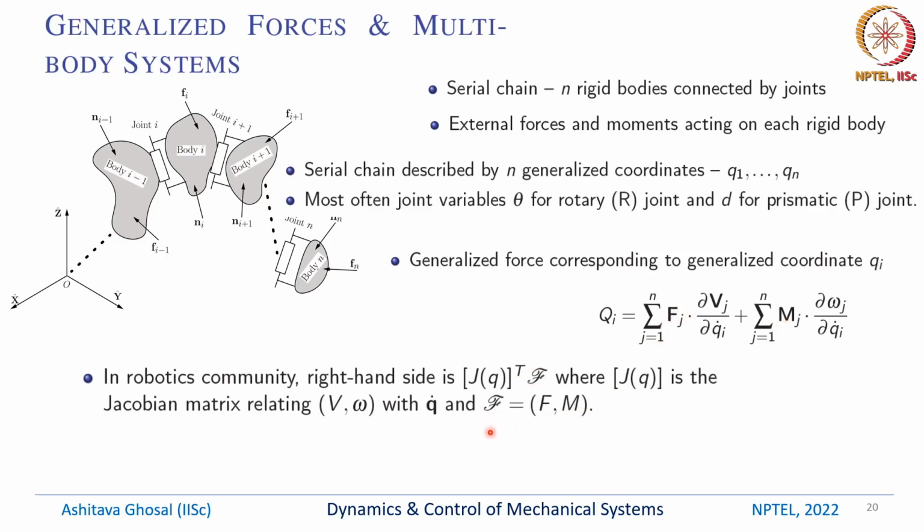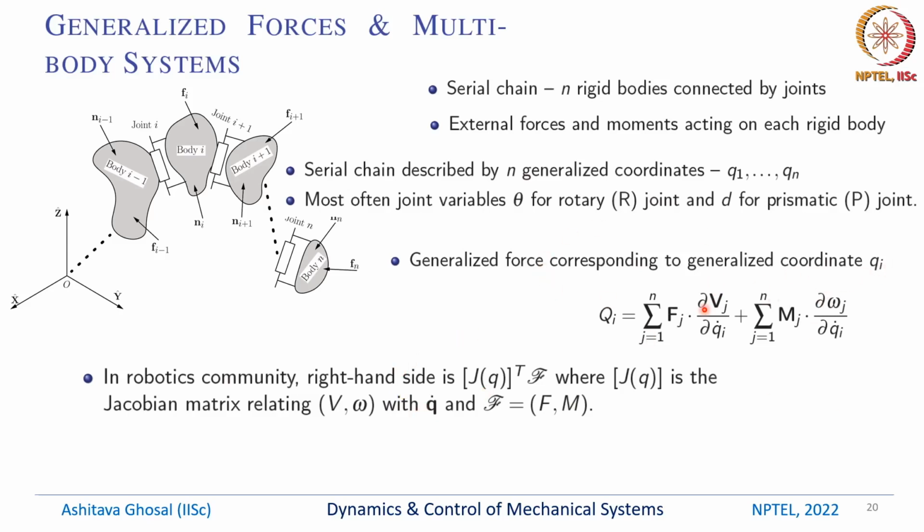It is a vector containing both F and m, so 6-dimensional actually, and the left hand side is V comma omega. So this Jacobian matrix relates the linear velocity and the angular velocity to q dot. This is a well-known way of representing the generalized forces in the robotics community.